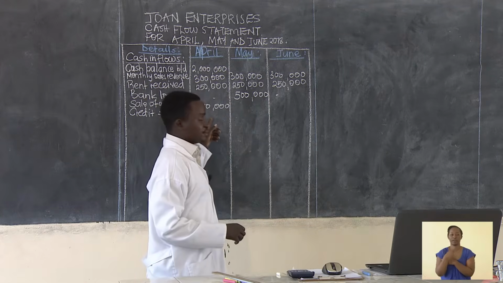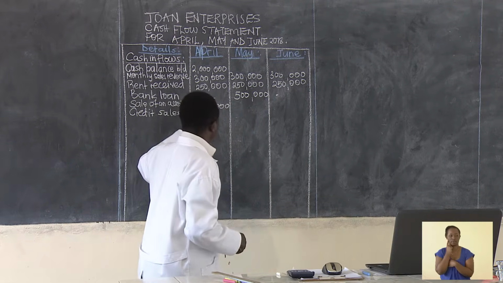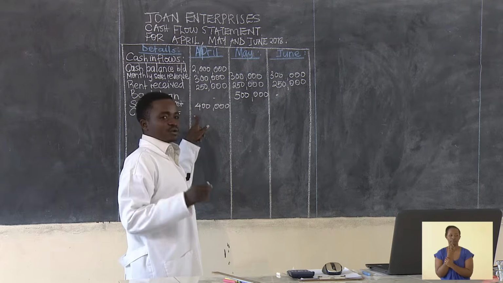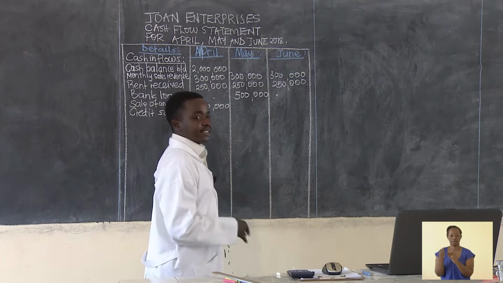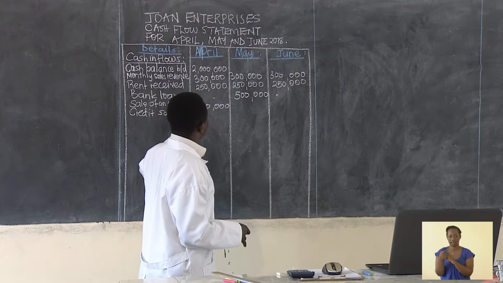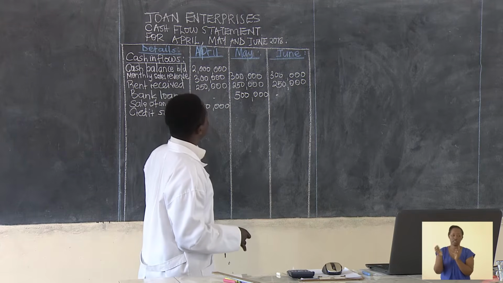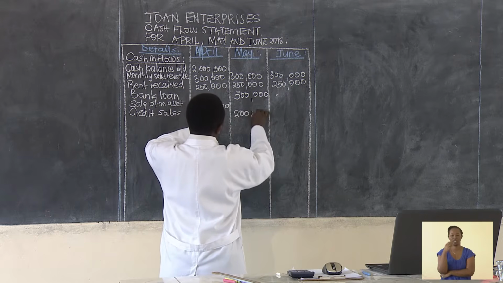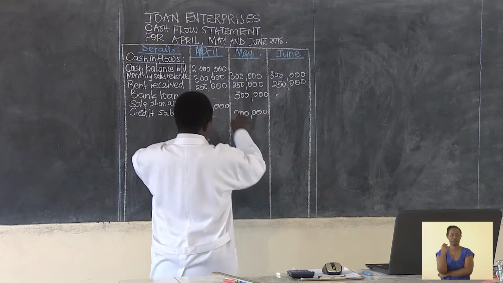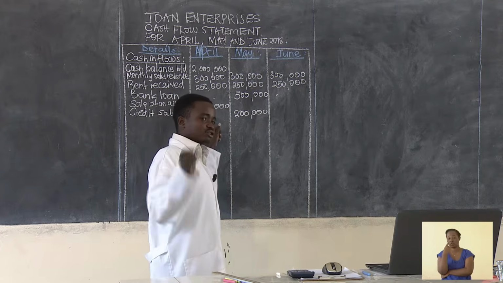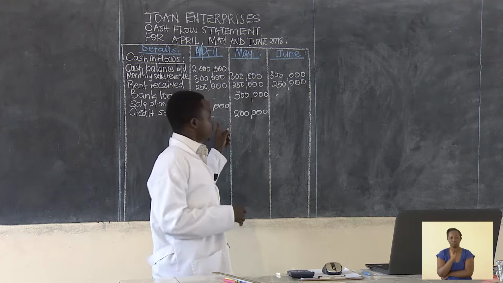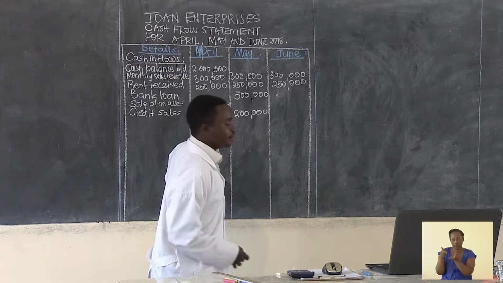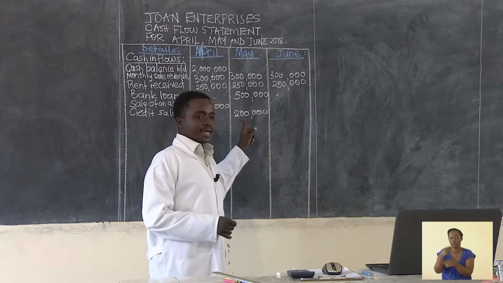So in April, goods worth 200,000 were sold on credit. But the payment was not received in April, it was received in May. So this figure goes here. Nothing was received here. Goods were sold on credit in April worth 200,000, but the payment was received in May.